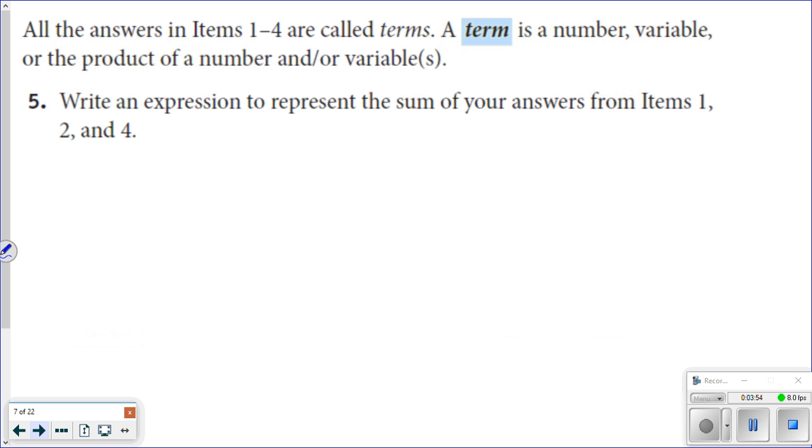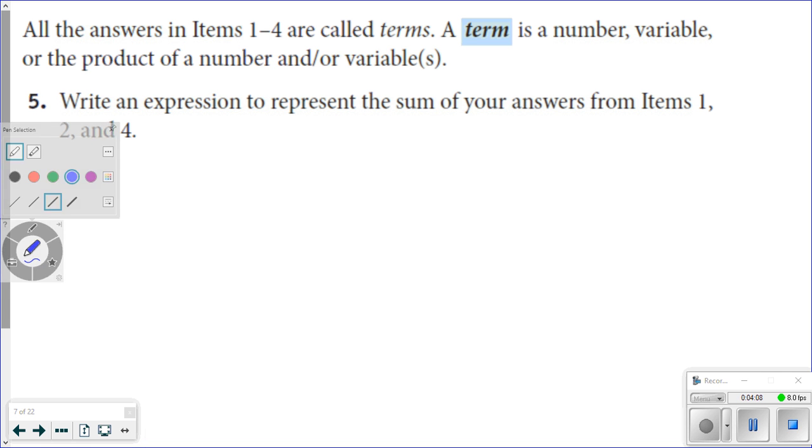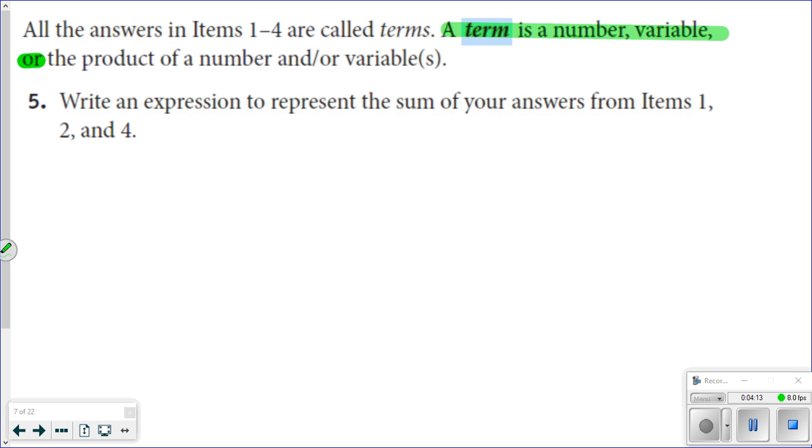All of the answers in questions 1 through 4 are called terms. A term is a number, a variable, or the product of a number and or variables. So this is our first vocab term that we're going to put on our organizer, our note sheet, in just a second. But question 5 says, write an expression, again, no equal sign, to represent the sum of your answers from question 1, 2, and 4.